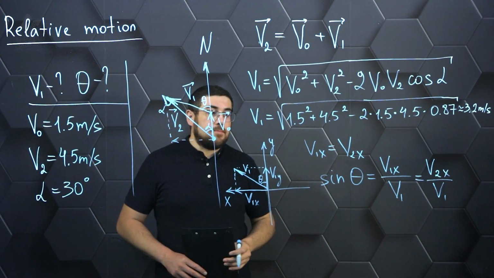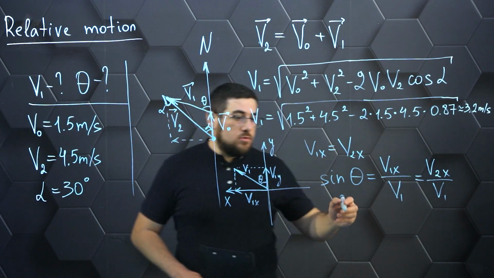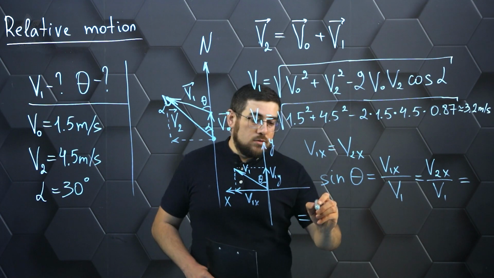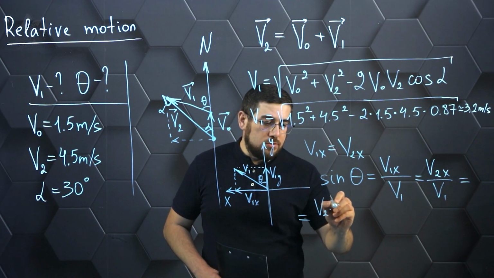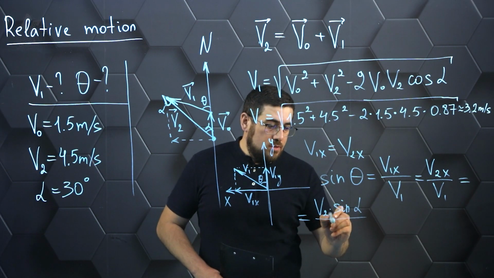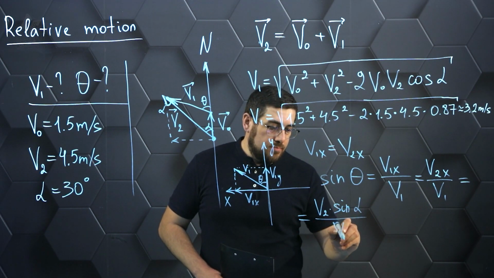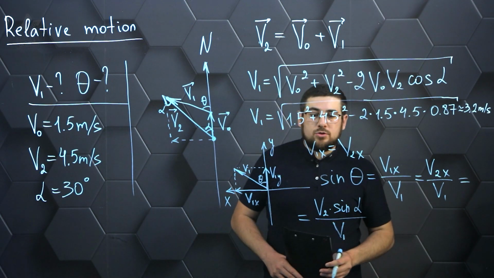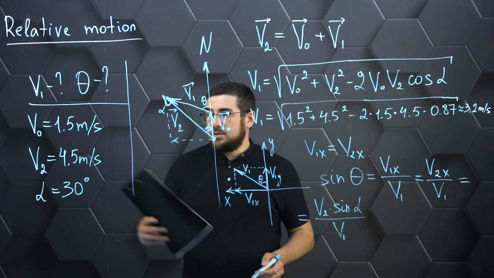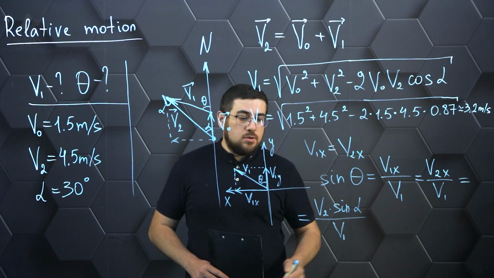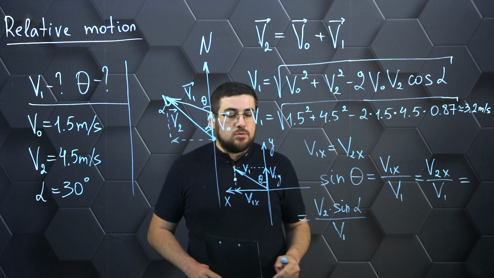Then it turns out that v2x will be equal to v2 times the sine of alpha, and we divide that by v1. Now we have got the final formula in which we know v2, the velocity of the person relative to the water, the angle alpha we also know, and v1 we have found from the previous condition of the problem.